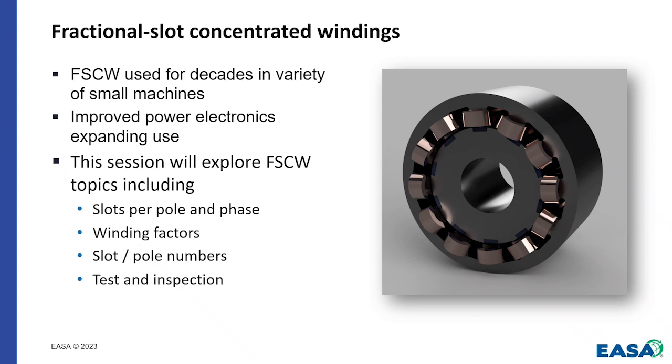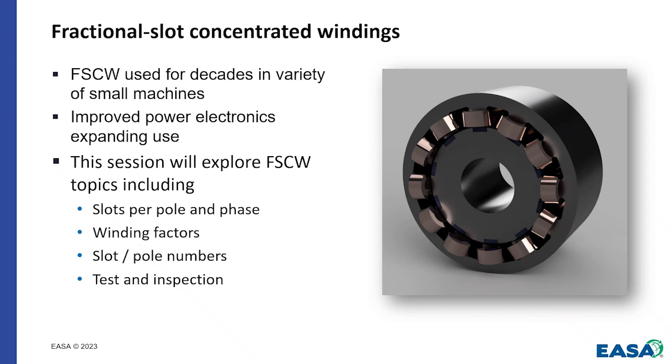We're going to go back through some winding fundamentals and develop a winding for a machine like you see on the right, represented with 12 stator slots and 10 rotor poles. We're going to look at some numbers that we throw around with standard lap windings and concentric windings, things winders look at every day: slots per pole per phase and winding factors, by which we mean distribution factor and chord factor.